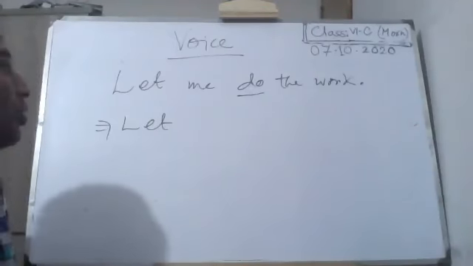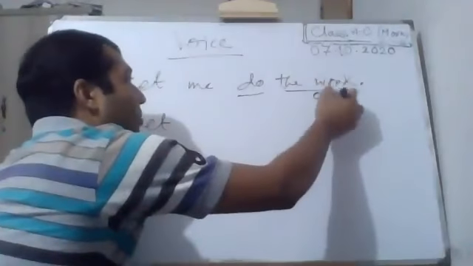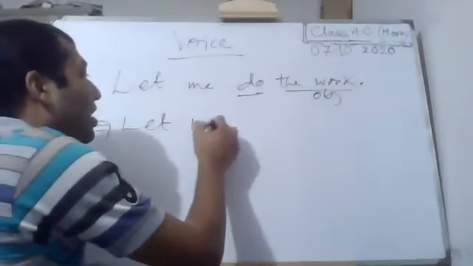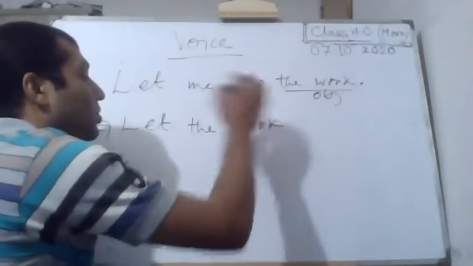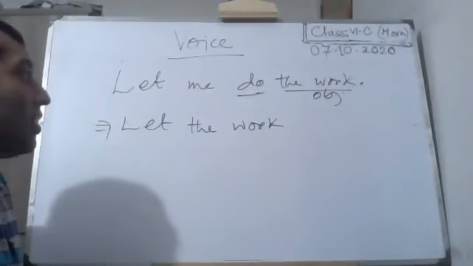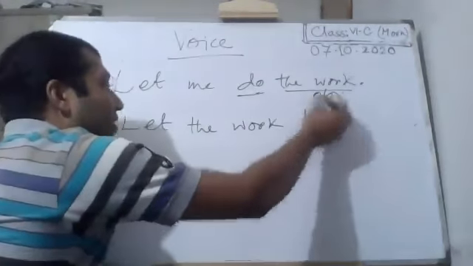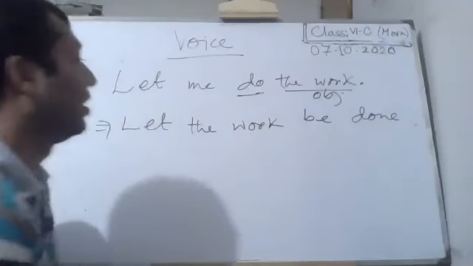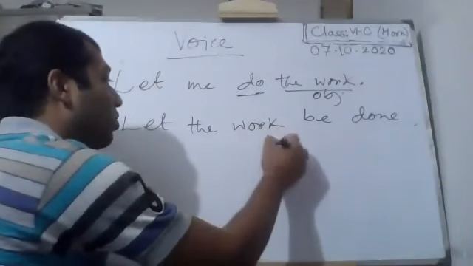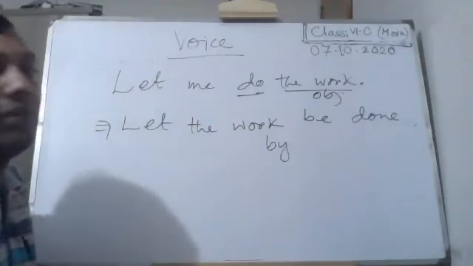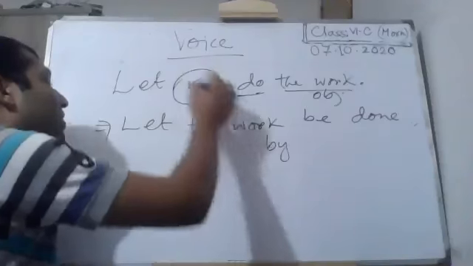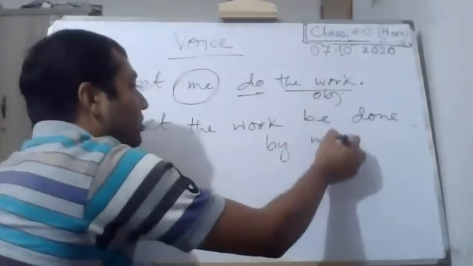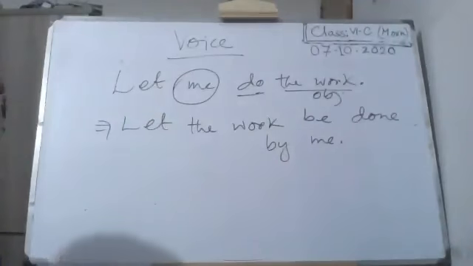Then you have to use the object of the verb, let the work. Then the common auxiliary be, then the past participle form of the verb, done. Let the work be done. Then according to the rule, by, and the object form will be used here. Let the work be done by me.